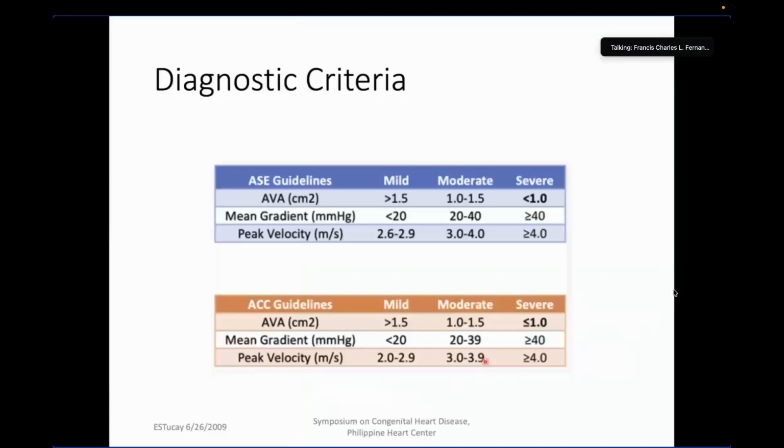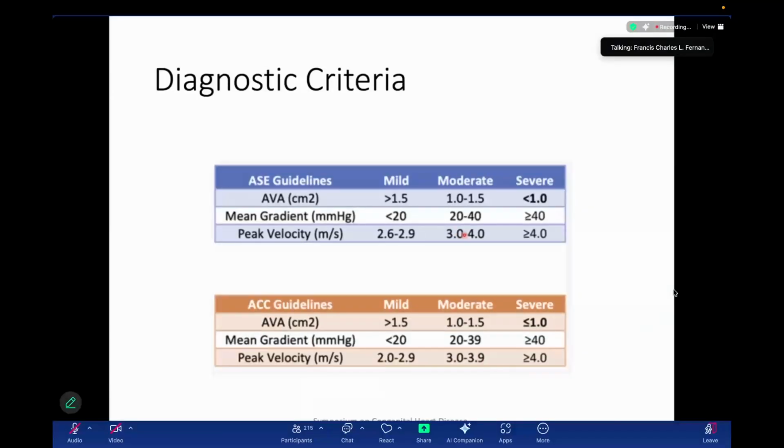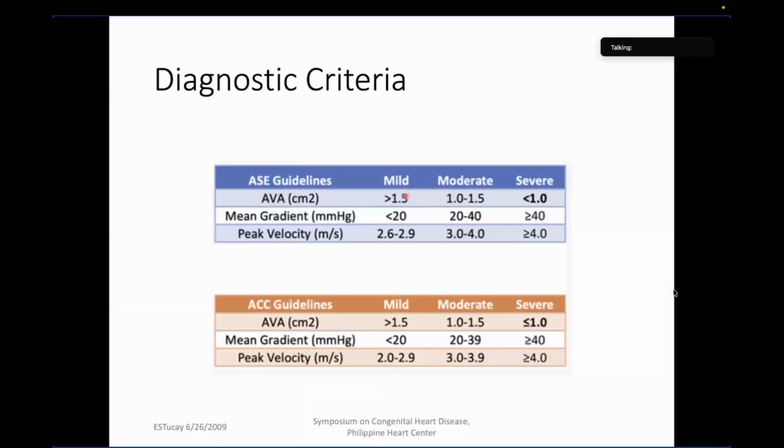Okay? So the 2D echo diagnostic criteria, just to satisfy mild, moderate, and severe. Of course, valve area. This is a prior, the valve area of less than 1. So some guidelines, the ASE, the American Society of Echo, and the ACC, the American College of Cardiology.